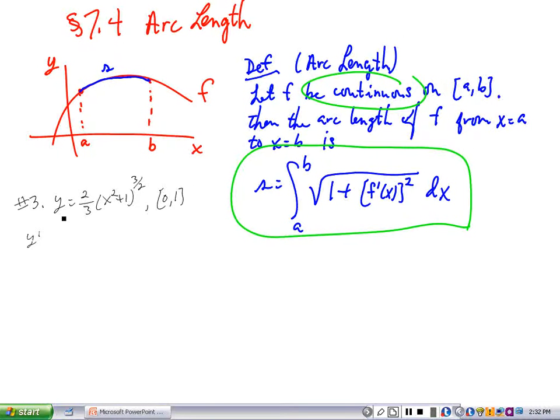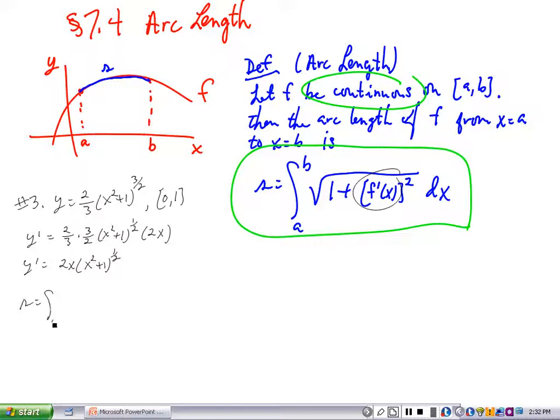So first we need the derivative, so we find y prime, that's 2/3 times 3/2 times x squared plus 1 to the 3/2 minus 1, so that leaves us a 1/2 times the derivative on the inside, 2x. So y prime is 2x times x squared plus 1 to the 1/2 power.